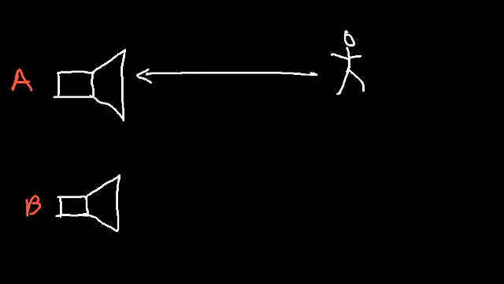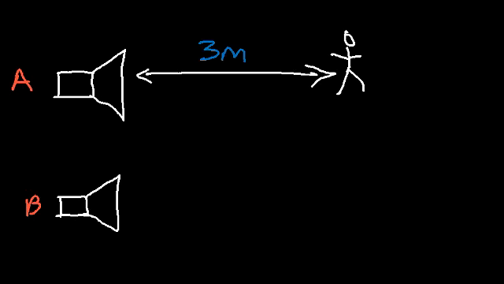Now let's say we have two speakers that emit a sound wave, and we have a person standing at this position. Let's call this speaker A and speaker B. Let's say that the distance between speaker A and B is about 3 meters.